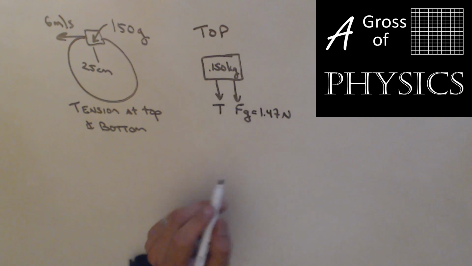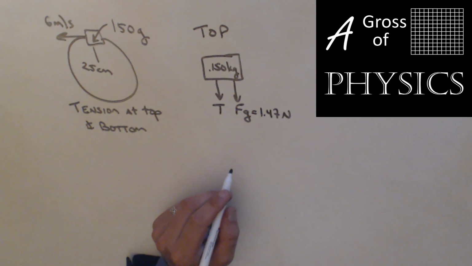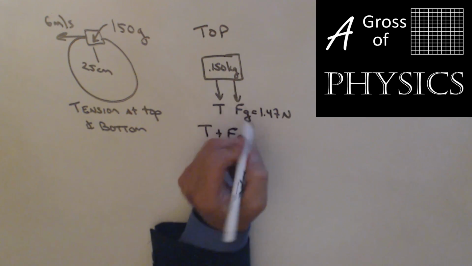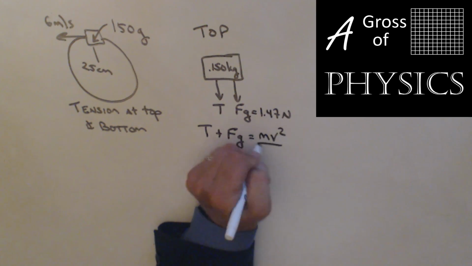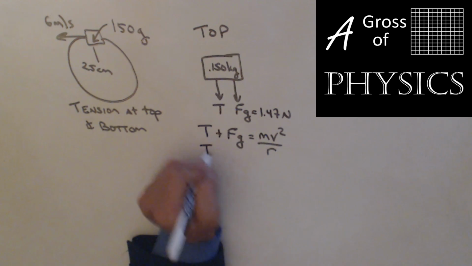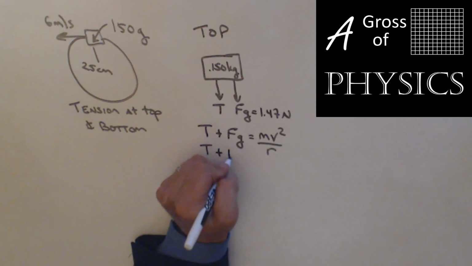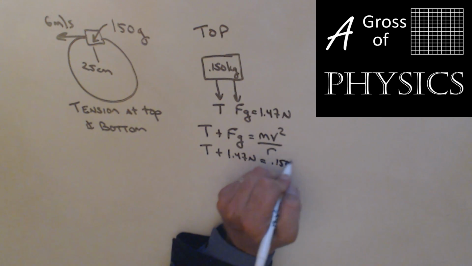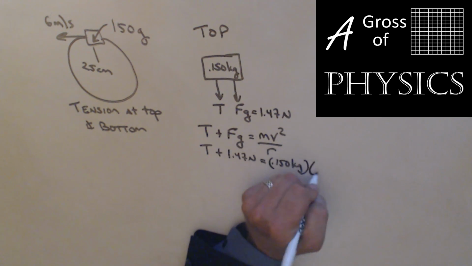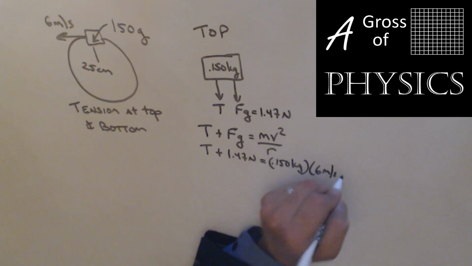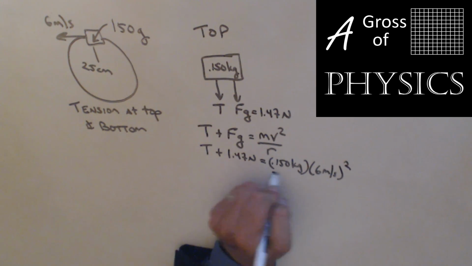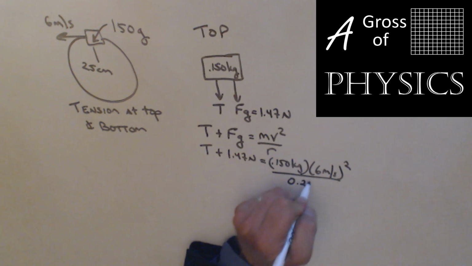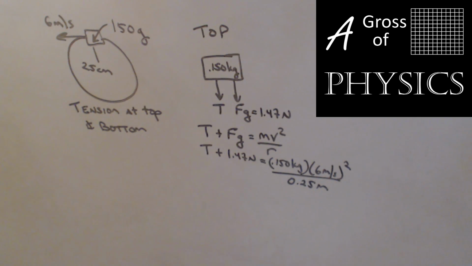Now, both of these are contributing to the centripetal force. So, T plus Fg, they both point to the center, equals mv squared over r. T plus 1.47 equals 0.150 kilograms times 6 meters per second squared, over the radius. Now the radius is 25 centimeters, so I better put it as 0.25 meters.